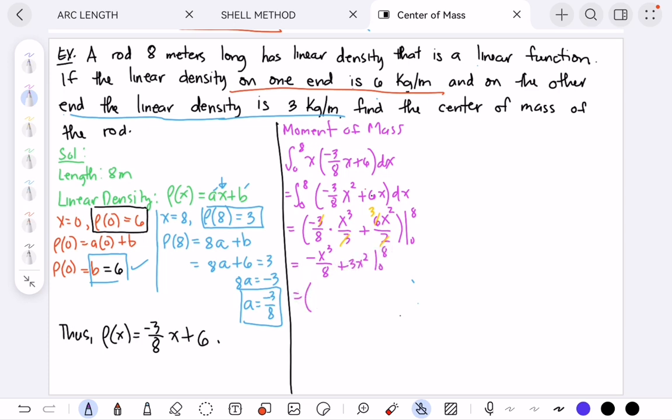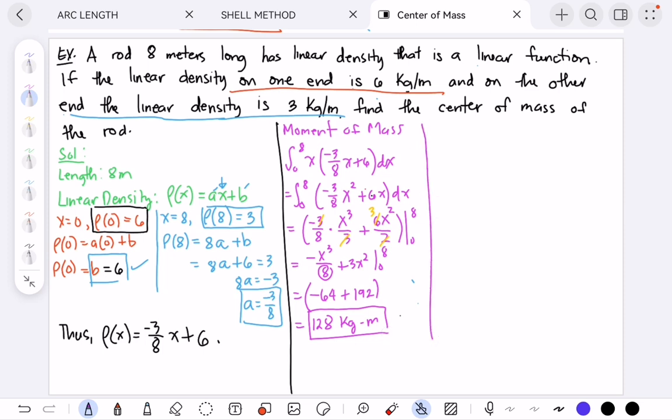When x is 8, we have 8 cubed, and we have an 8 in the denominator, so I will have a negative 64 plus 8 squared, that's 64, times 3. So 64 times 3 is 192. So the moment of mass is 192 minus 64. That gives us 128 kilogram meters. That's our moment of mass.